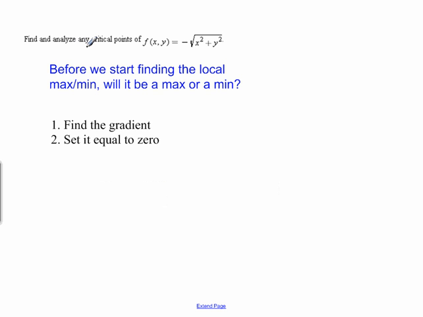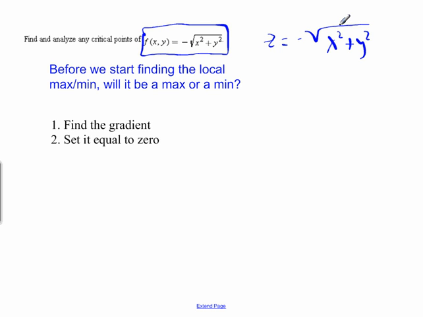Okay, so let's also be aware that, just with general intuition, looking at a function, we can judge whether or not we would expect a max or a min. So here we have this function, z equals negative the square root of x squared plus y squared. Each of those terms is being squared, so we know that x squared plus y squared must be greater than or equal to 0.